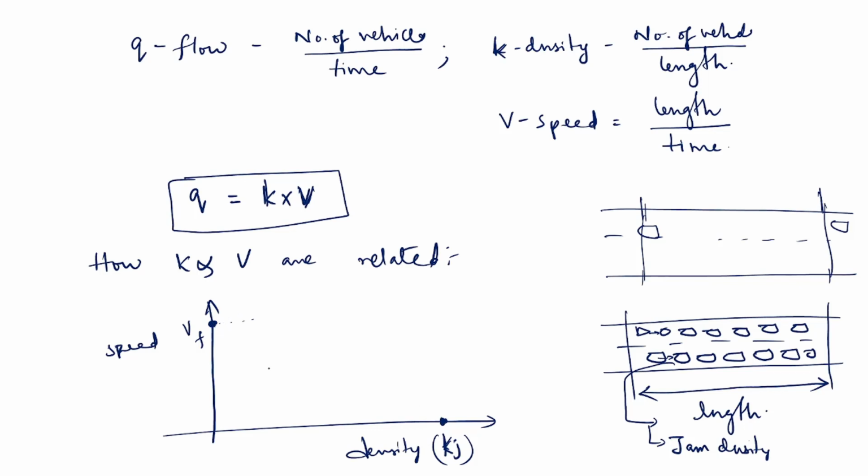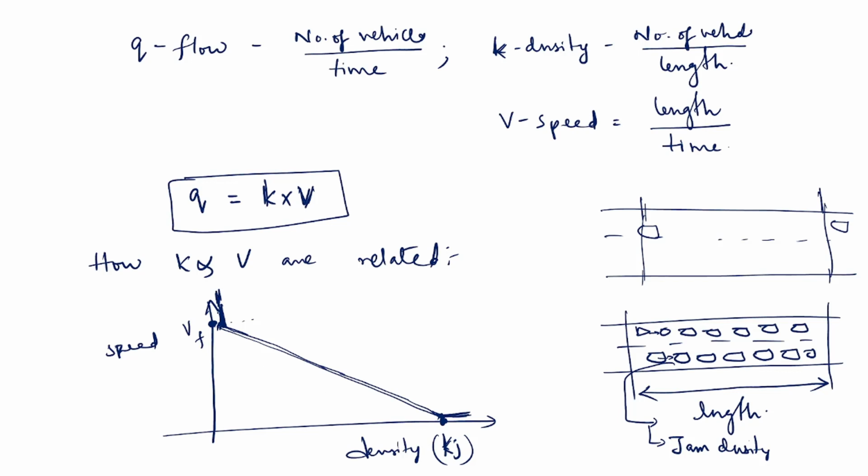Now these two should be related by a negatively sloped straight line, which is given in the question itself. Ideally, density cannot be zero, speed cannot be zero, and density cannot be that much high.